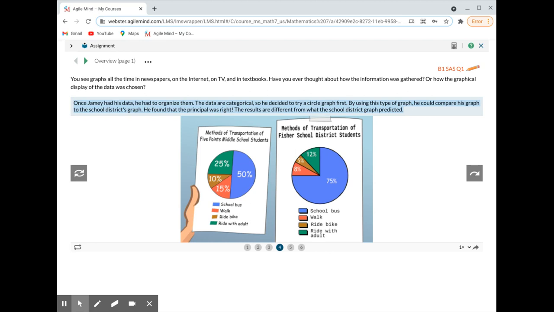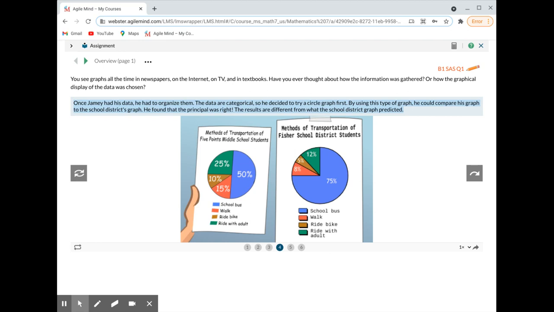All right, do y'all agree or disagree with that statement? Is 10% twice as much as 5%? Yes. So should that be true or false? True. Okay.